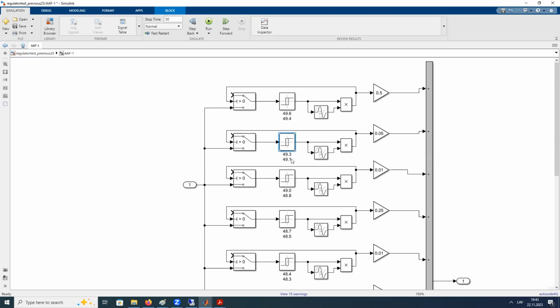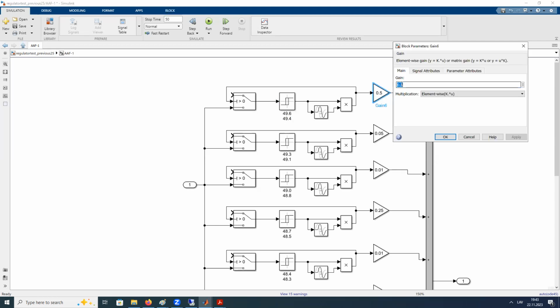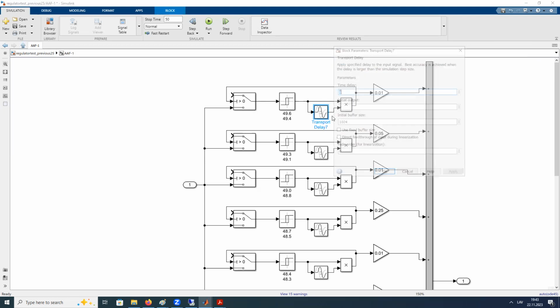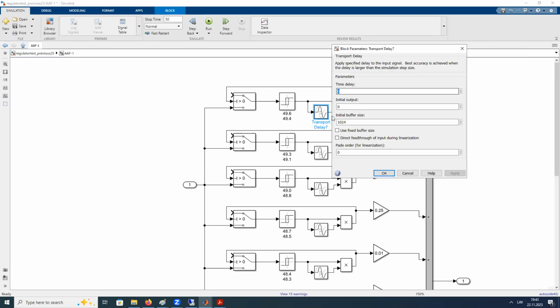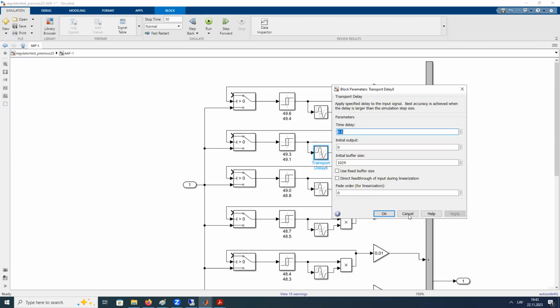Sorry, the lower one is the start set point. Let's put this delay like this.